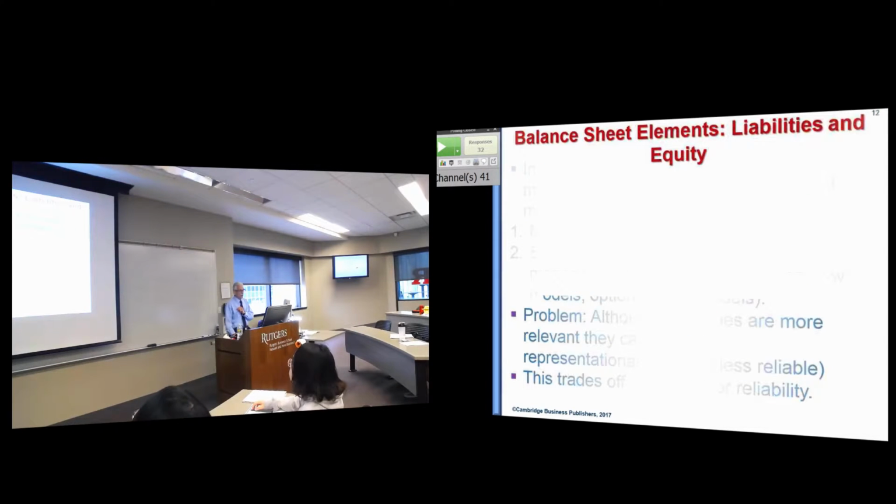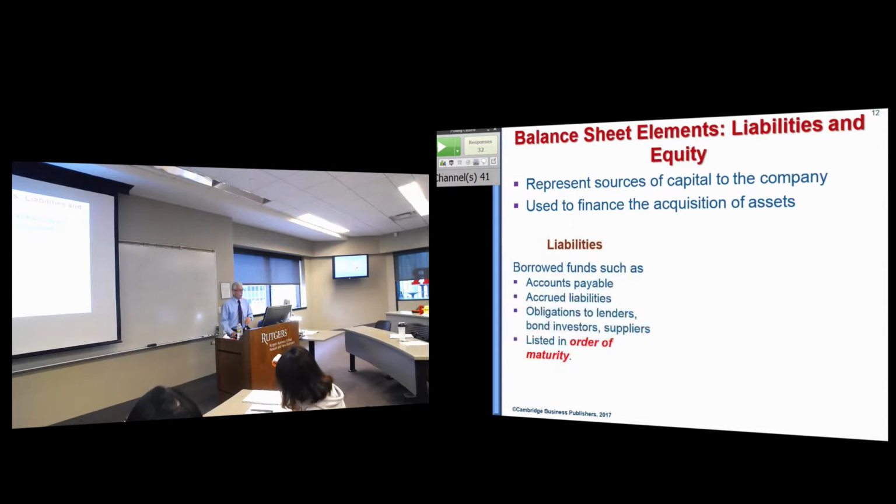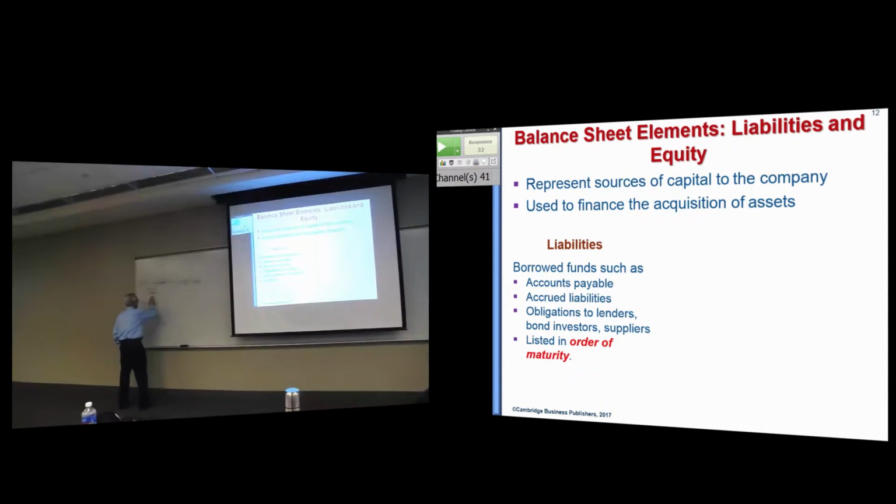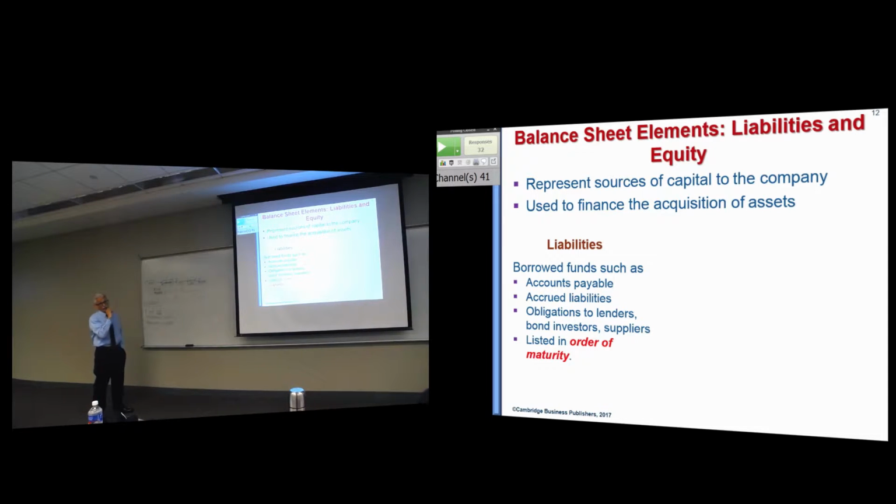So the liabilities and equity, of course, these are the sources of funds. And we know that liabilities will be based on accounts payable. These are lines of credit, open trade credit that you have with suppliers. Accrued liabilities, that is the example I gave you before about the utility bill. An accrued liability is pretty simple.